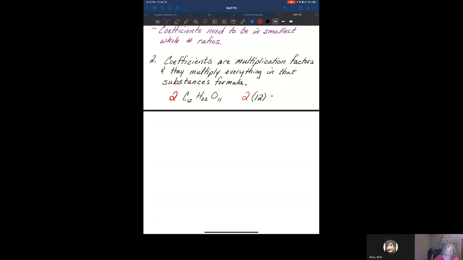Well, that means that there are 24 carbons. This 2 also goes with the hydrogens.